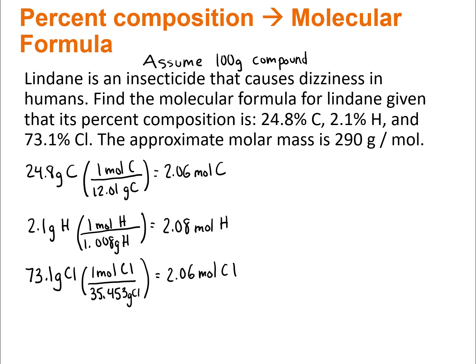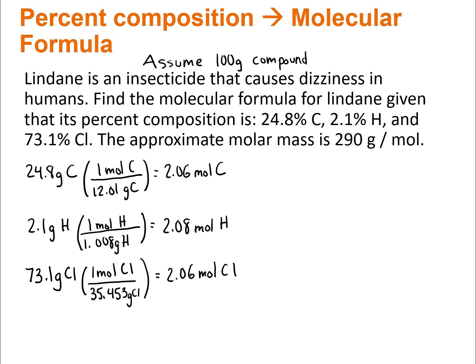So if we have all of these numbers for our moles, what's our empirical formula? That's the mole ratio for all of them. It's 1.